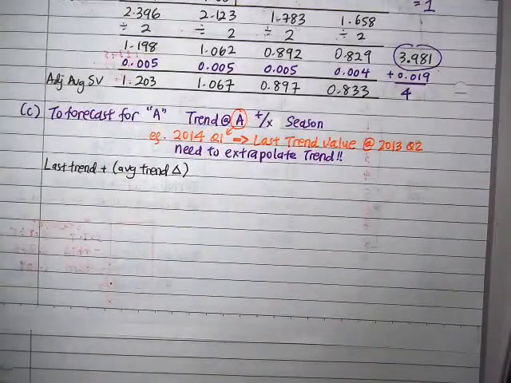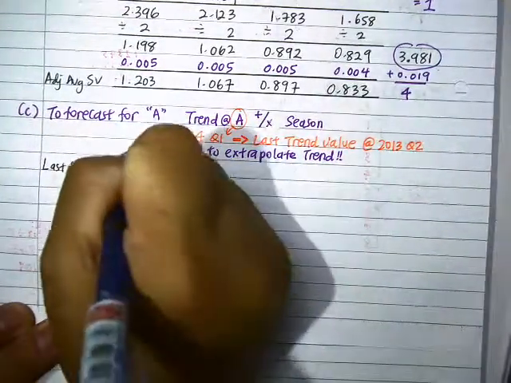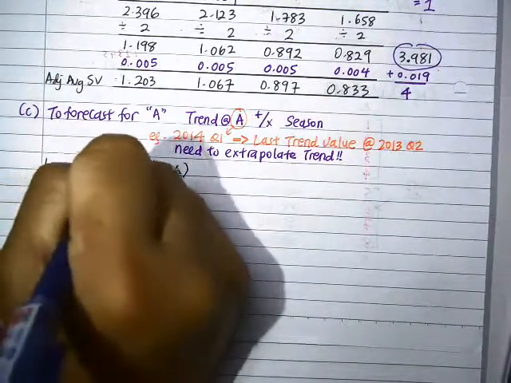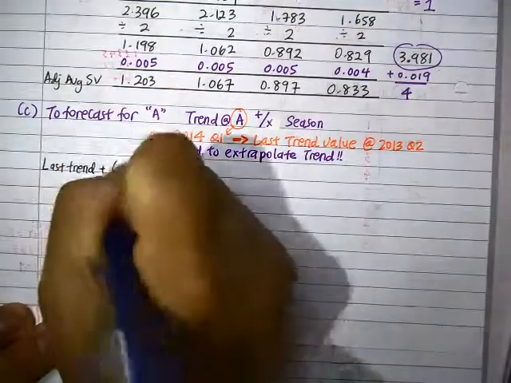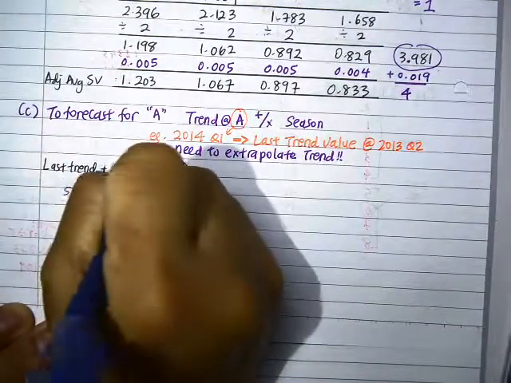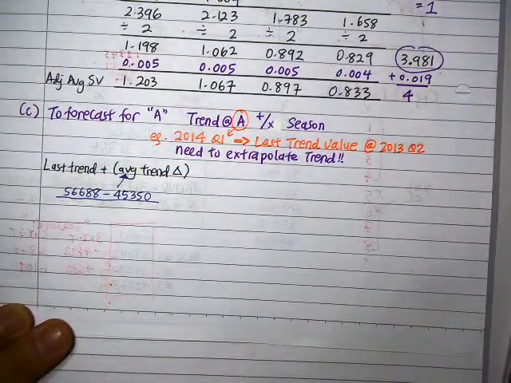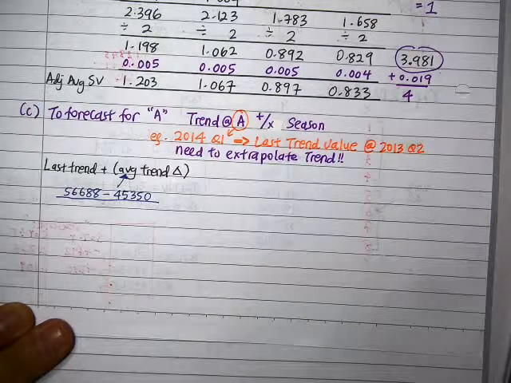Now, this is what I'm going to do. So my average trend change is 56688 minus 45350. Can you follow or not? You are taking the last one and the first one, you minus. So that's the change.